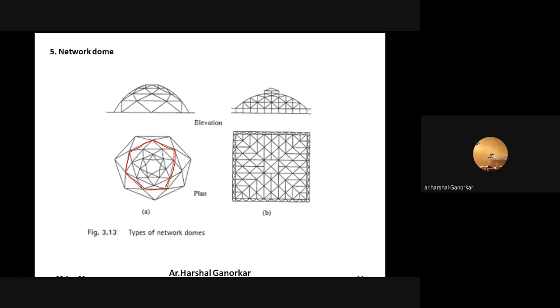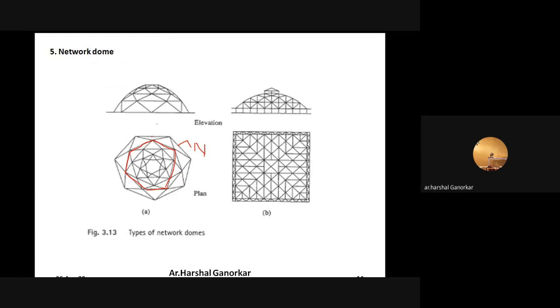Now n is the number of sides. These are the number of sides. So this is called as n. Now in the upper portion, or above ring, the number of sides is going to be reduced by 1.